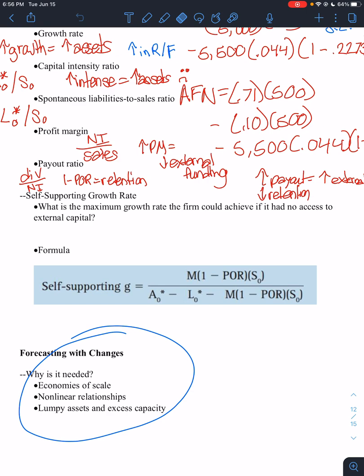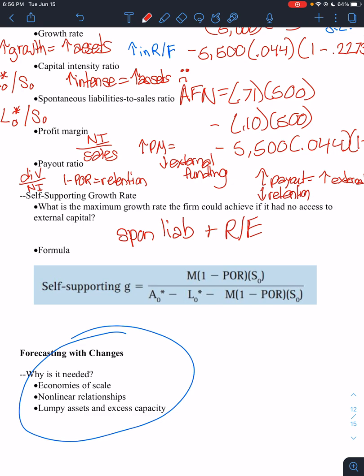So basically relying on just spontaneous liabilities and internally generated funds, aka retained earnings. If investors just completely shunned me, if creditors completely shunned me, how much could I support the growth of the firm? All right, so here we go.